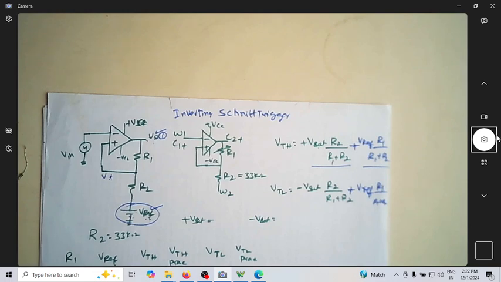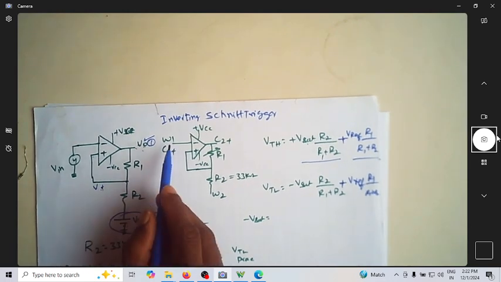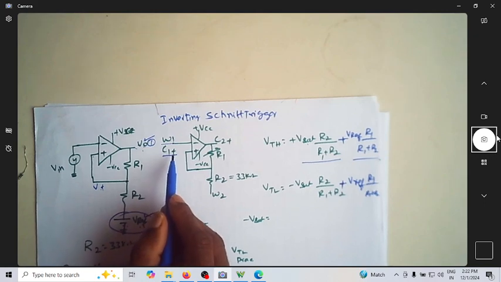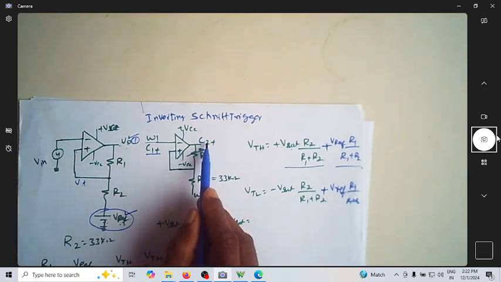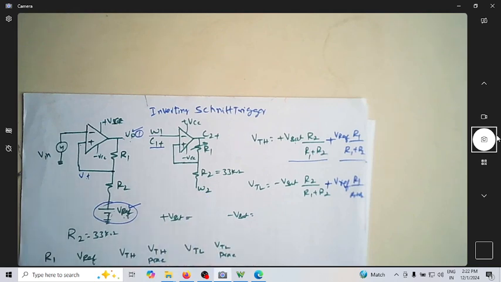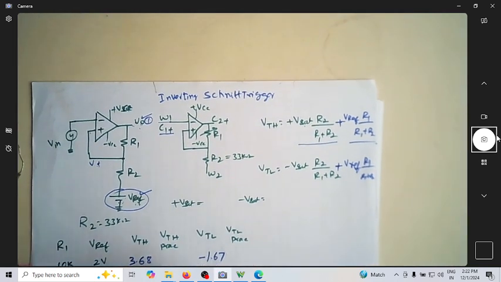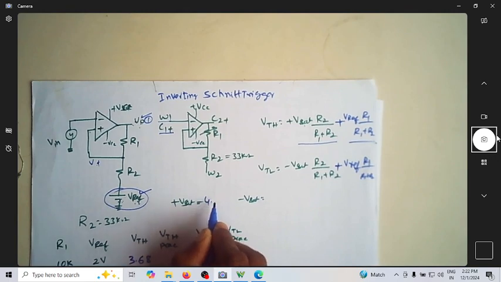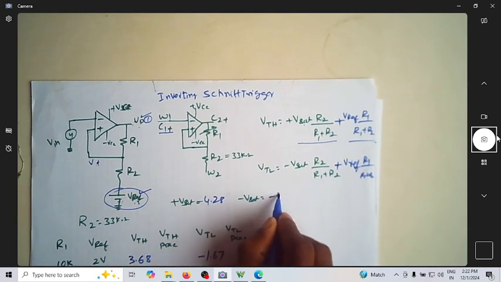In the Analog Discovery, I'll be connecting the input voltage to the first channel, and I want to observe the waveform in channel 1 of the scope. Channel 2 of the scope will show the output waveform, and the required reference voltage is obtained from the second channel of the wave generator. We have plus Vsat as 4.28 and minus Vsat as minus 2.8.